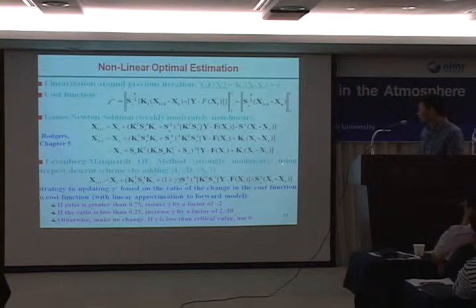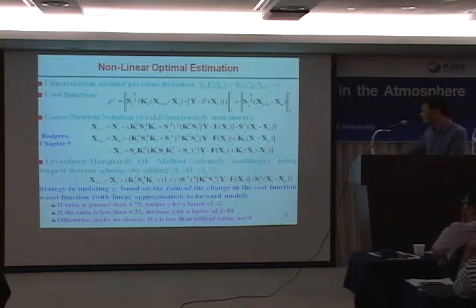Basically, we are trying to use a steepest descent scheme by adding some matrix, a scaling of the identity matrix, or just some diagonal matrix, or for optimal estimation, we often use a scaling of the actual a priori covariance matrix. So the solution is still very similar. The only difference is that we add this gamma here before the a priori covariance matrix.